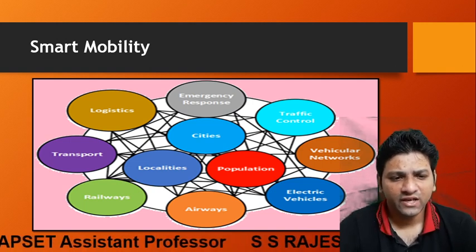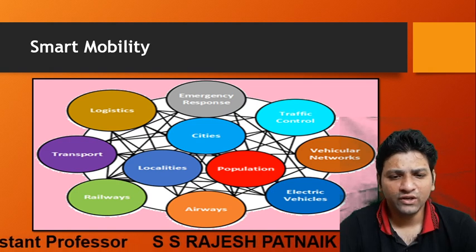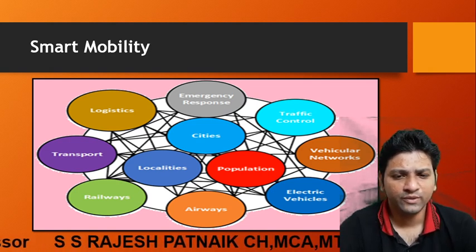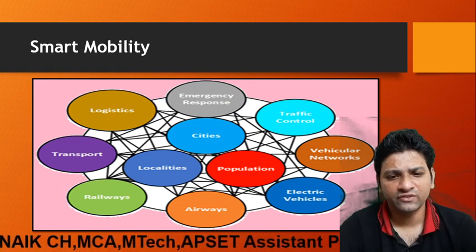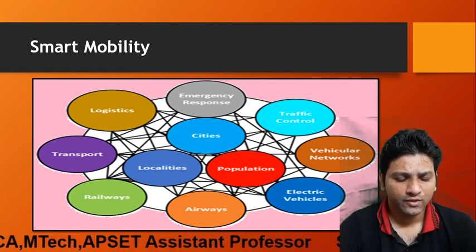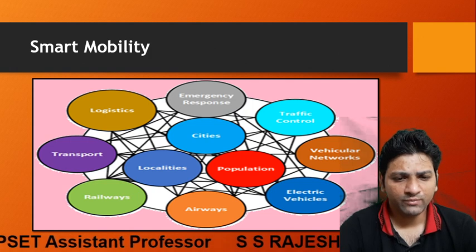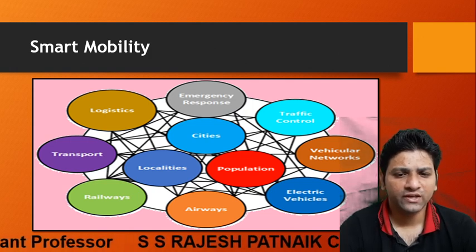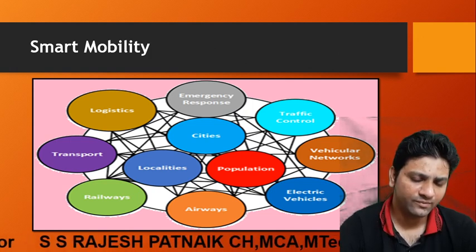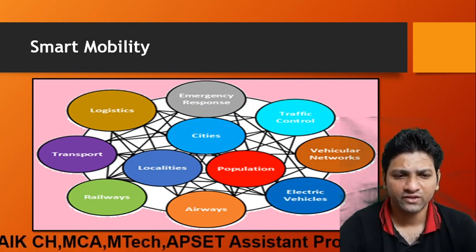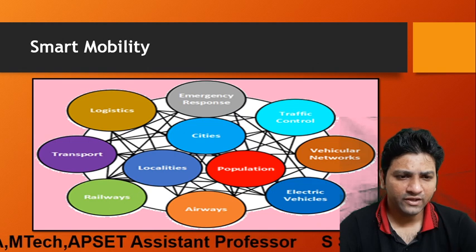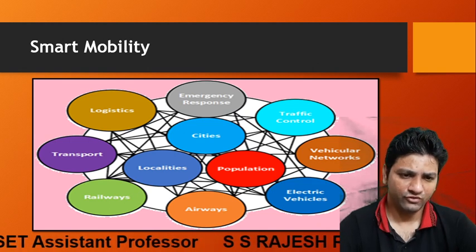So not only the transportation of people from one place to another, it may be logistics also. For example, if you buy any product from Amazon or Flipkart, you can have logistic monitoring. That means tracking your product, and all the things will be available in the smart devices.